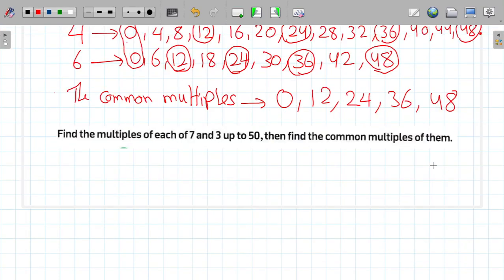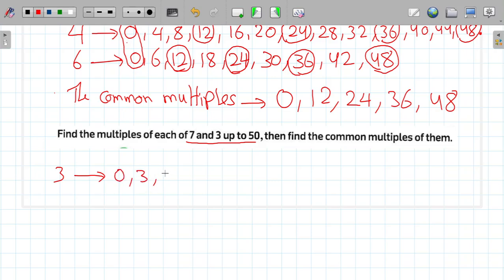Okay, let's do another example. I have the multiples of 7 and 3 up to 50. Then I want to find the common multiples of them. So I will start with the multiples of 3. So start with 0.